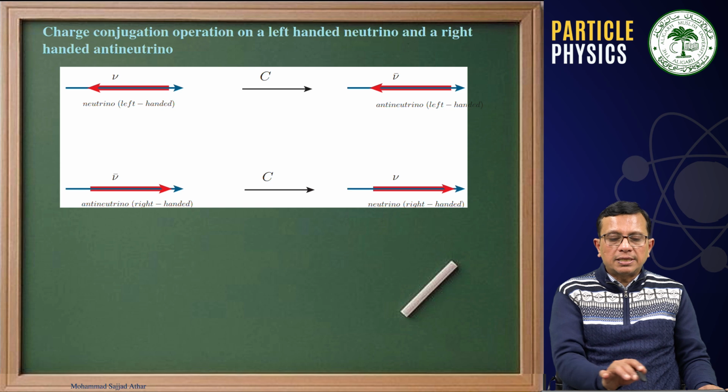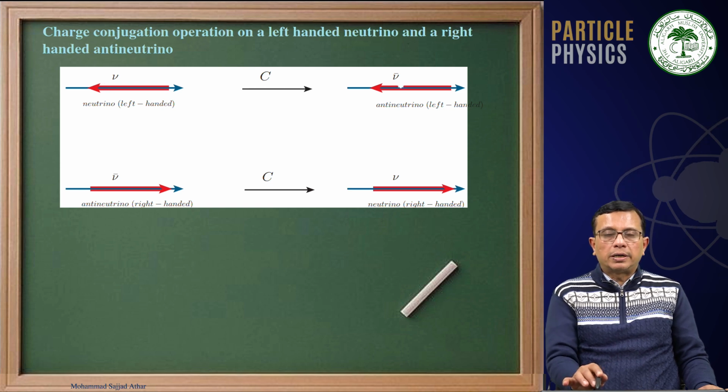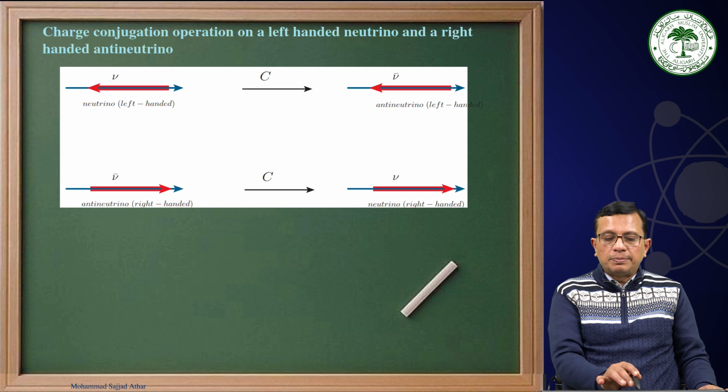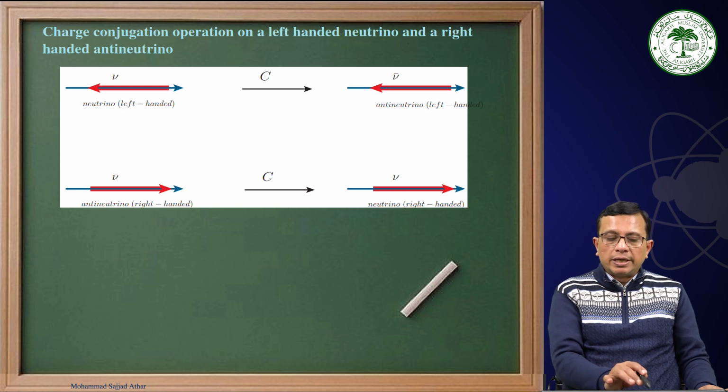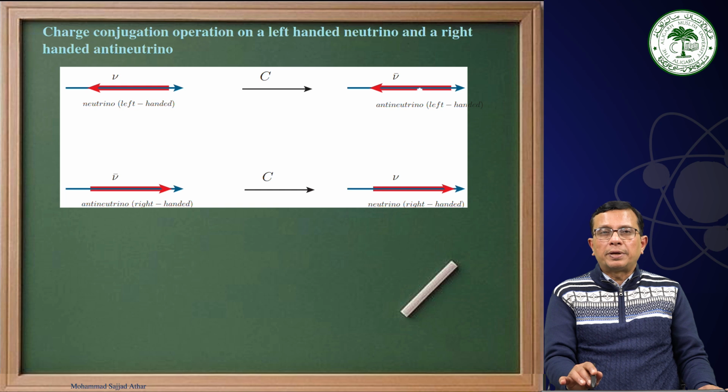Therefore, as you can see, when I am operating by C, this nu is becoming nu bar, and the momentum is unchanged as well as the spin unchanged. But since this is becoming an anti-neutrino, this was a left-handed neutrino, this has also become a left-handed anti-neutrino.